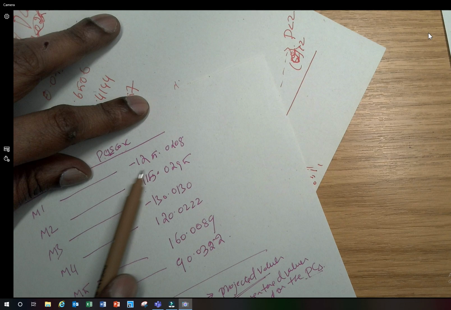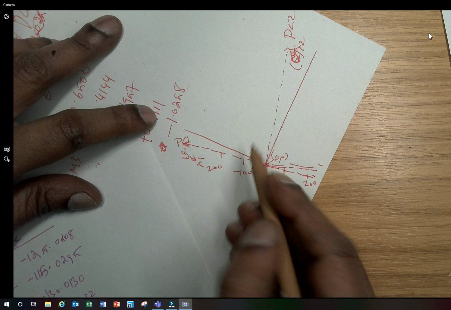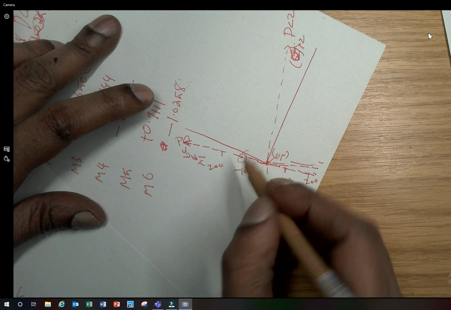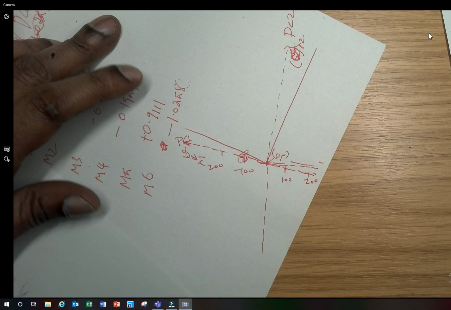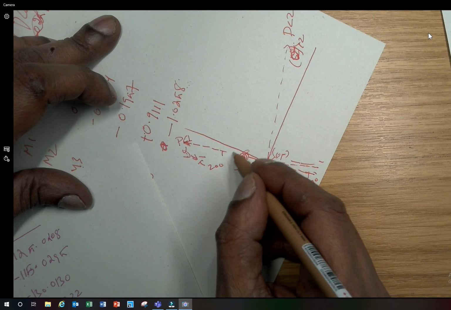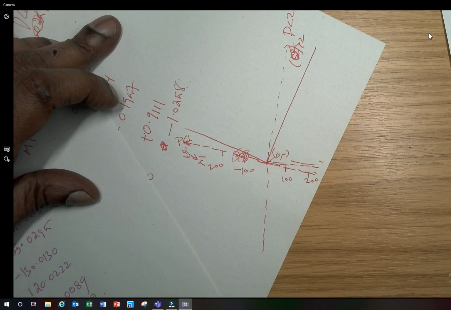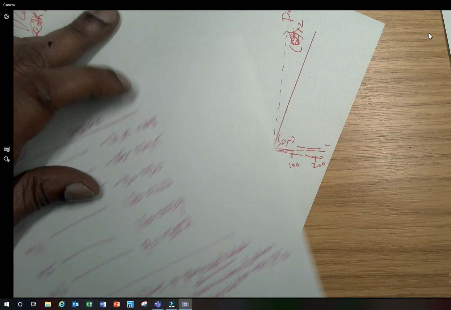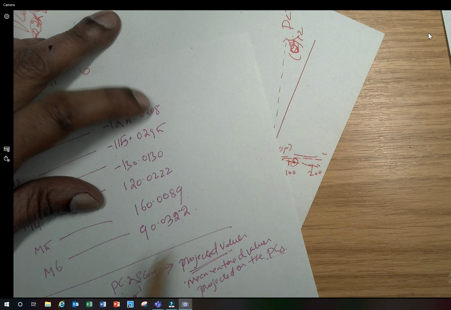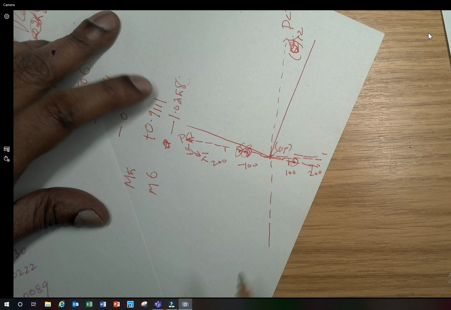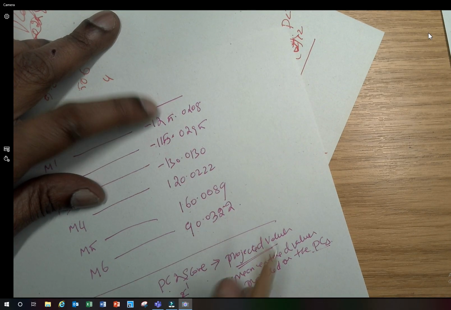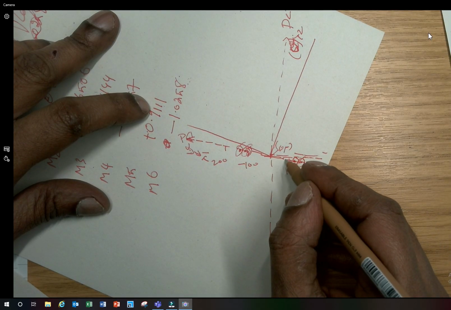So minus 125 will be somewhere around here, and then minus 115 somewhere around here, and then minus 130 somewhere around here, and then you have 120 on the right hand side, 160 for material 5 on this side, and then 190 somewhere on this side.